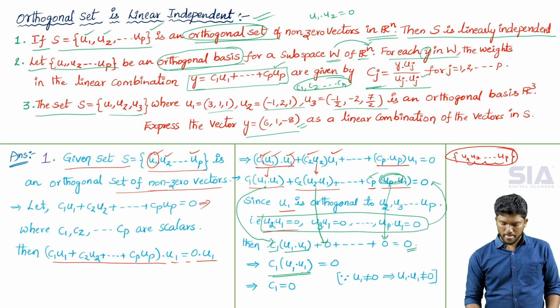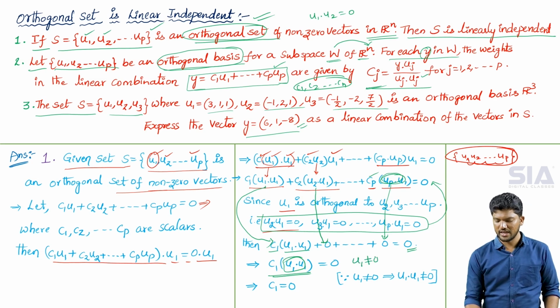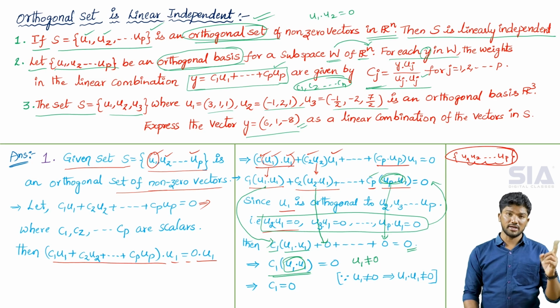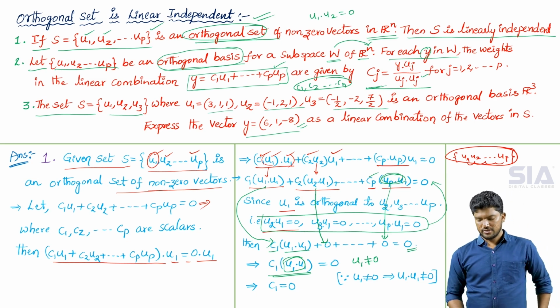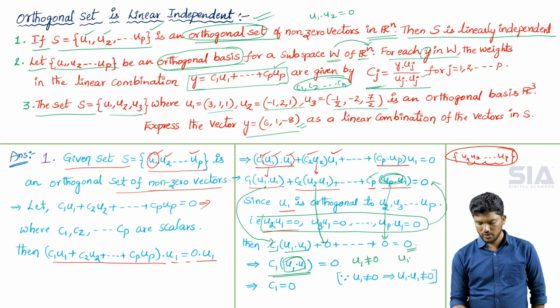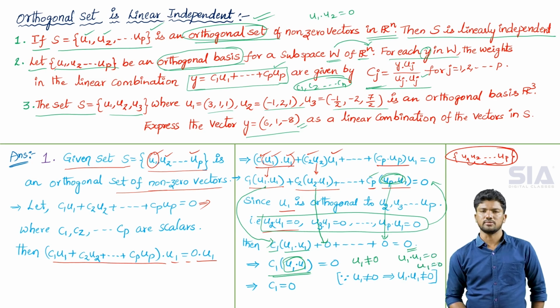Okay, so here this product is a vector. That vector is not equal to 0. Why? Because U1 is a vector, and that vector is always not equal to 0. From the properties of inner products, whenever you take U1 into U1 equal to 0 only, then you will get U1 is equal to 0.